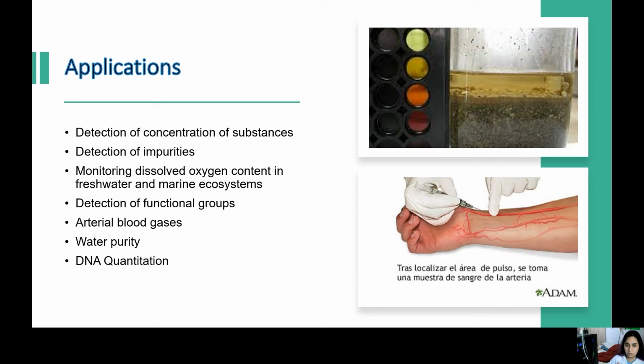So that's why my experiment is about the detection of hemoglobin in blood. If there is hemoglobin, that means the blood has oxygen. So now I'm going to show you this through a virtual laboratory.